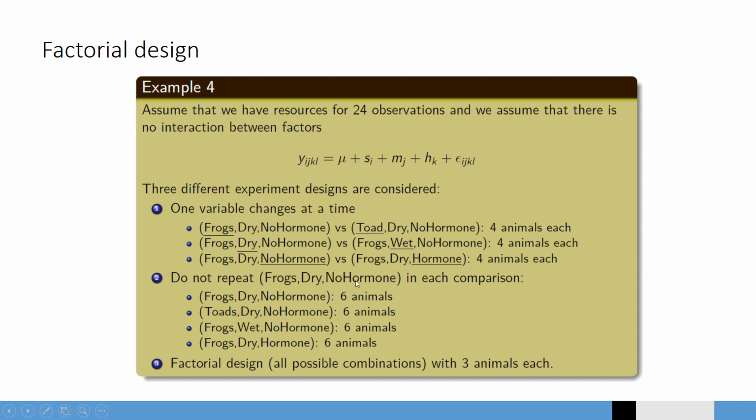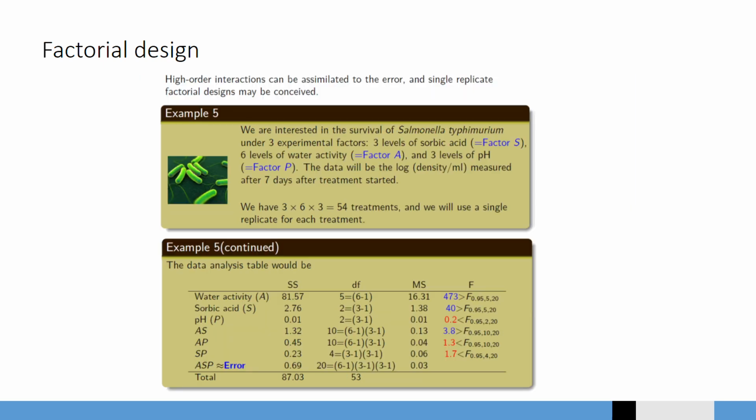Here, for instance, for the hormone, no hormone comparison you only have 4 and 4, while here you have 12 and 12.